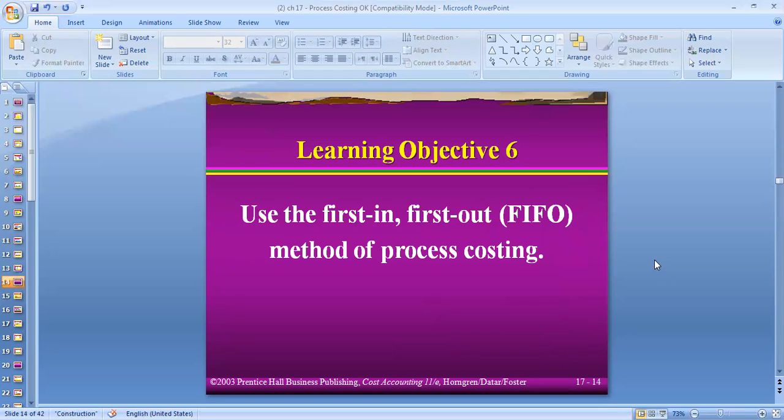So the 1,000 work in process at beginning should be completed first and transferred first to the next process. Then I will complete the 34,000 to be completed in total 35,000. So as 35,000 are completed and transferred to the next process, I have to consider the first 1,000 work in process at beginning to complete them.